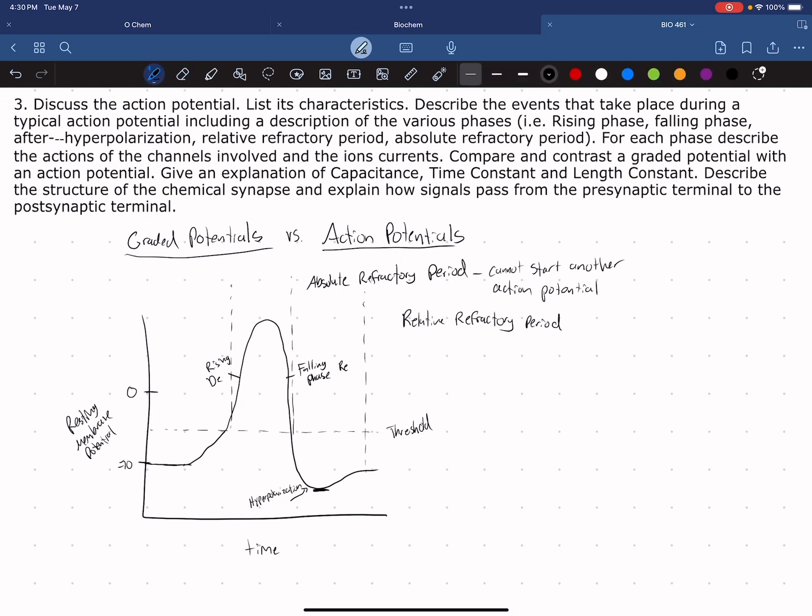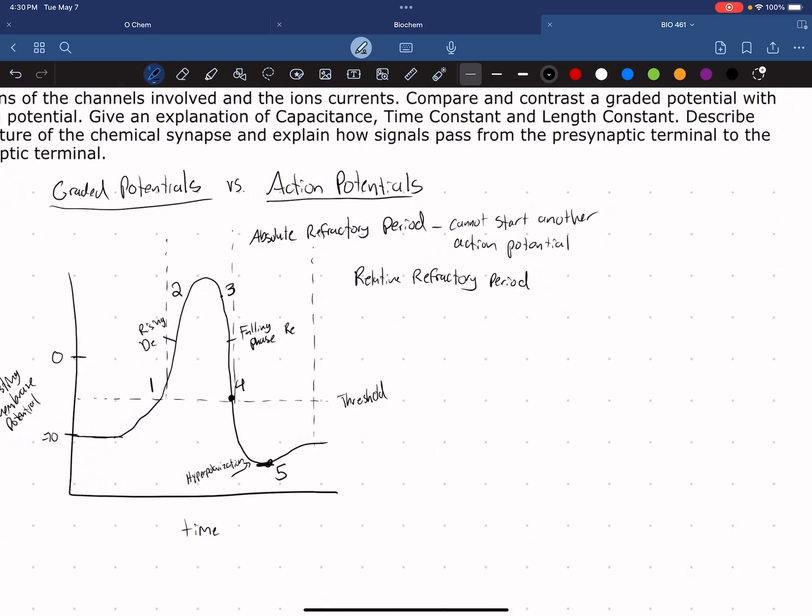And so to kind of break up the different parts of the action potential, I'll go ahead and label this graph here, and we can talk about what happens at each one of these positions. So we'll have point 1, point 2 here, point 3 here, 4, and 5.